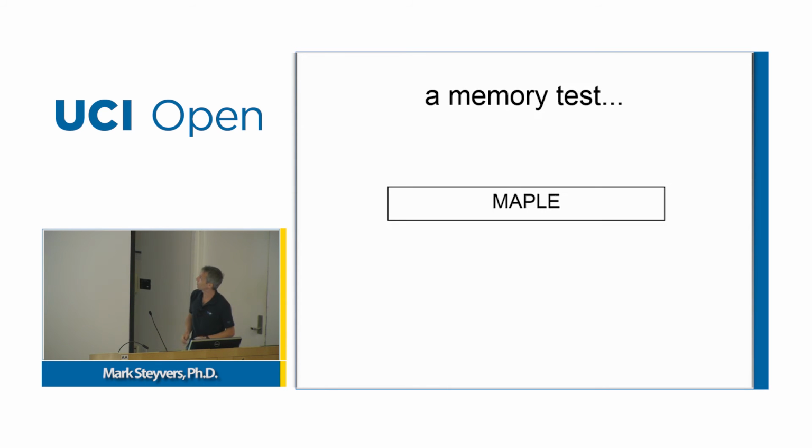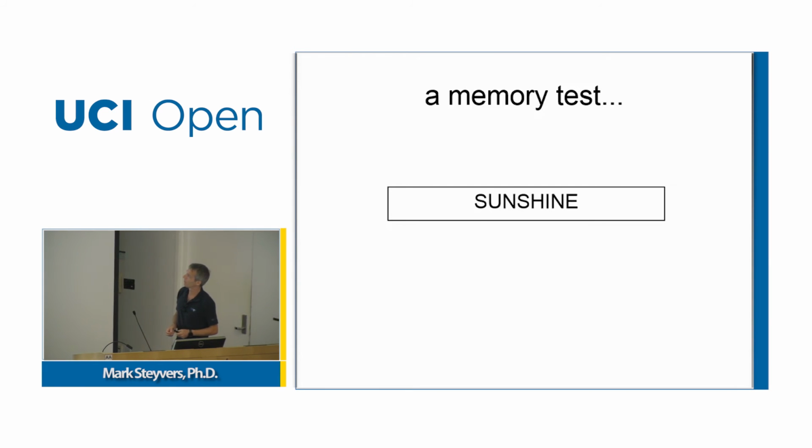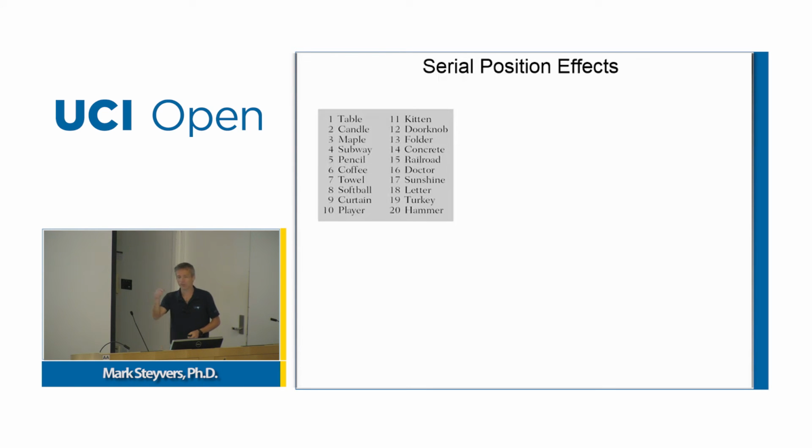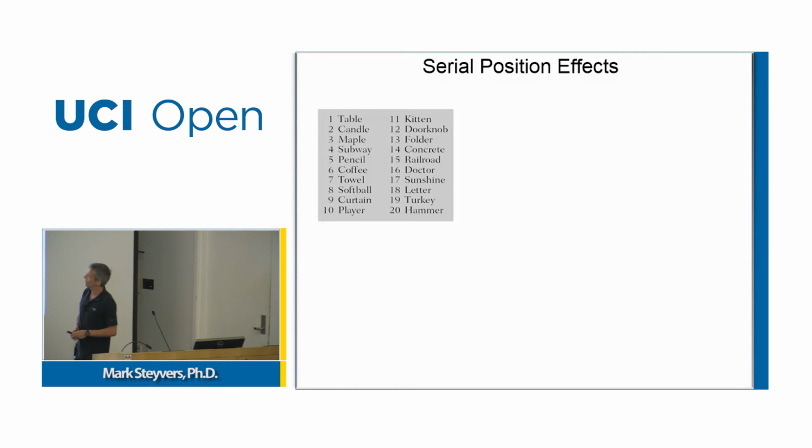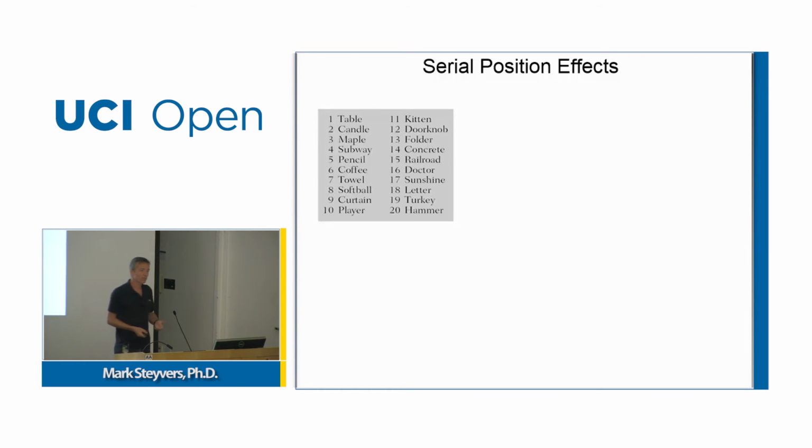If you see this sequence of words, got that? Actually, I won't test you. So here's the actual sequence of words that you saw, starting with table, ending with hammer.